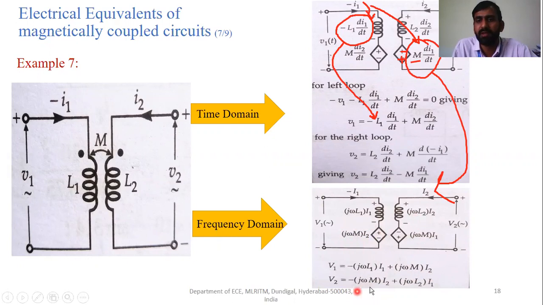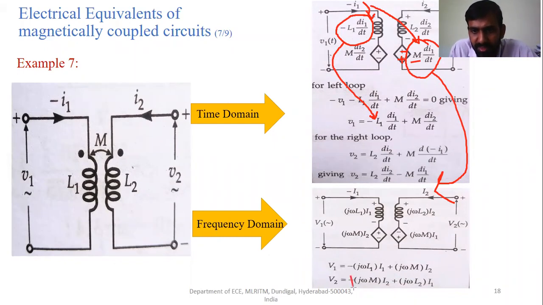Whereas here, V2 is equal to j omega m I2. So here it is plus j omega m I2, and here it is going to be minus. Again here also there is a correction over here.